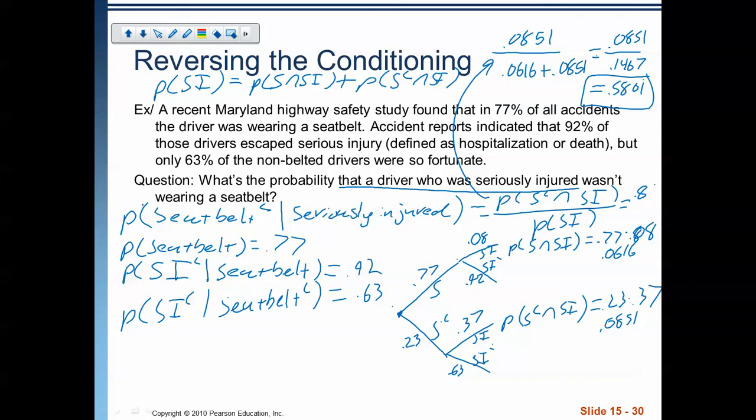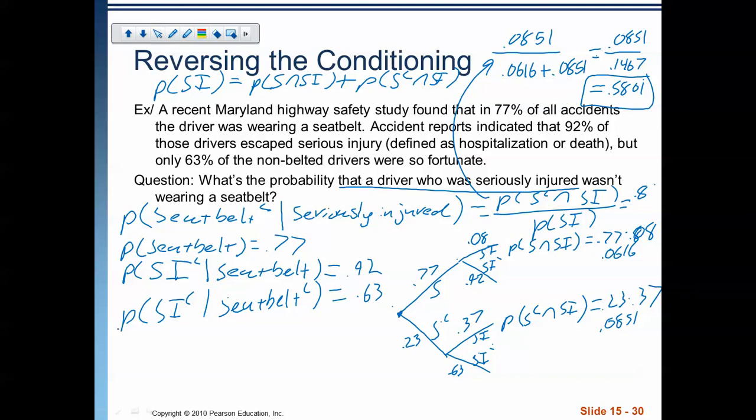I converted that question into probability notation: given we were seriously injured, what's the probability that we weren't wearing a seatbelt? I then used that with my conditional probability formula to find out what I needed to know: the probability of not wearing a seatbelt and being seriously injured, and the probability of being seriously injured.